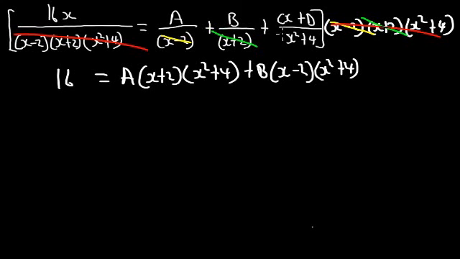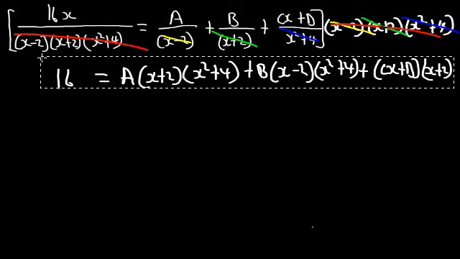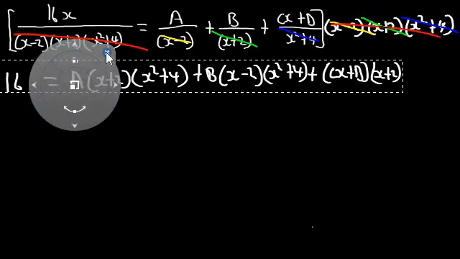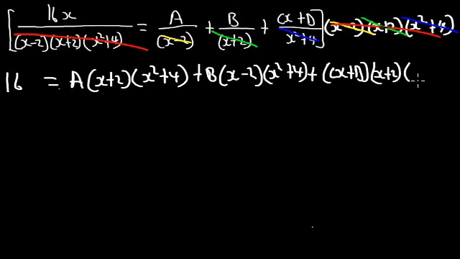And for the blue color, x squared plus 4 cancels out. Left over is plus cx plus d multiplied by x plus 2, then multiplied by x minus 2. So this is the simplified form of it.